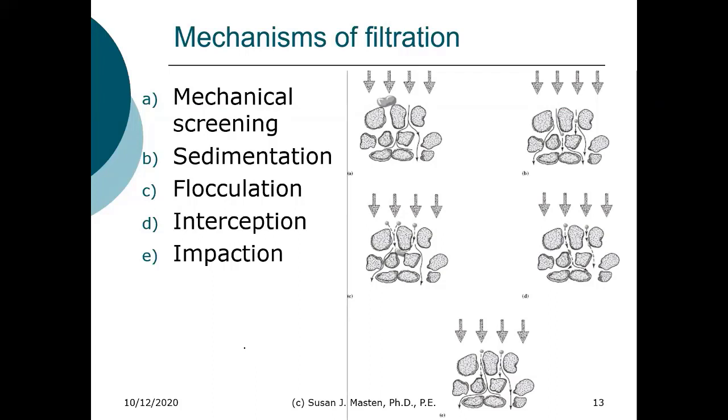One is mechanical screening, and this is what essentially happens in your slow sand filter. You have your particulates and your media, and the particulate is too big to fit through the pore space.